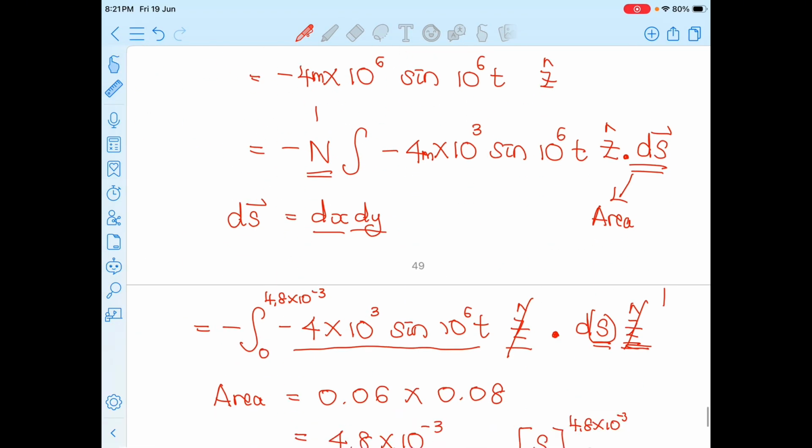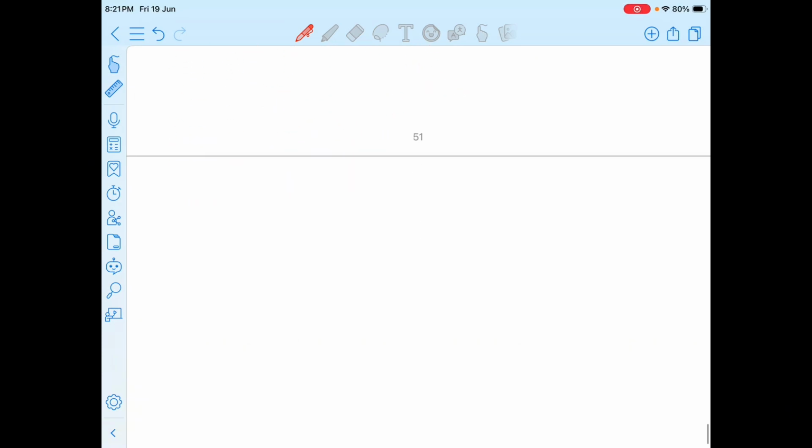So let's do this. Let's calculate the motional EMF first. The formula is the integral of u cross B dot dl.